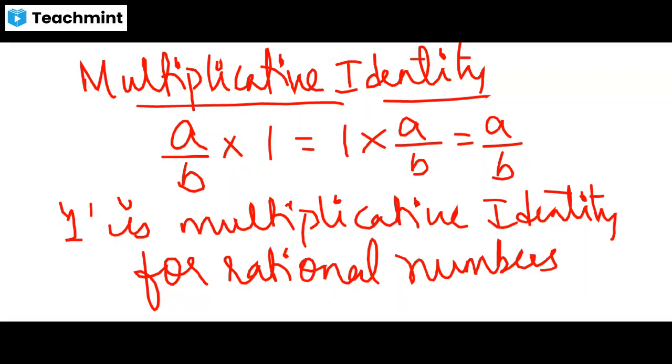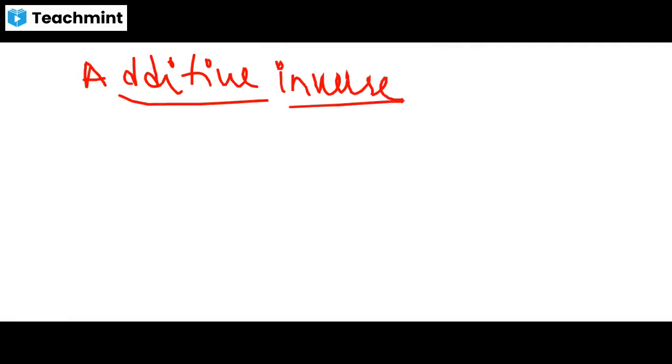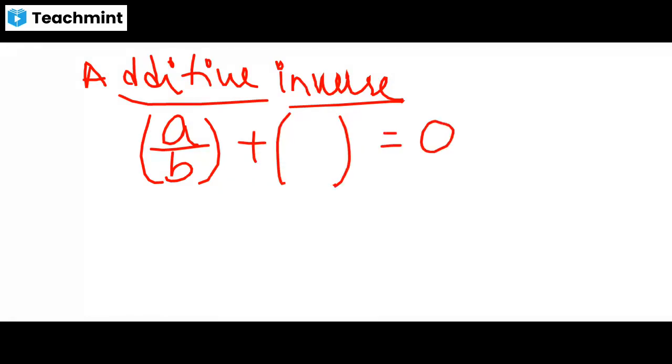Then the next one we have is additive inverse and multiplicative inverse. The next property we have is additive inverse. Additive inverse means suppose you have a rational number a by b. What should you add there to get 0?